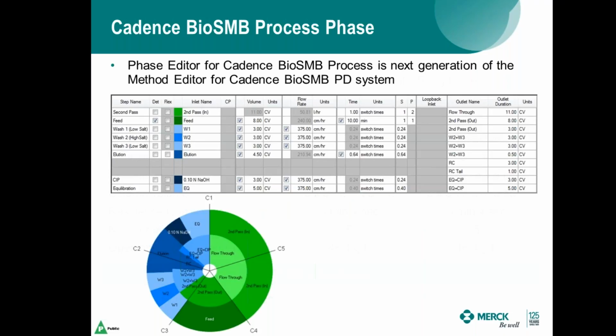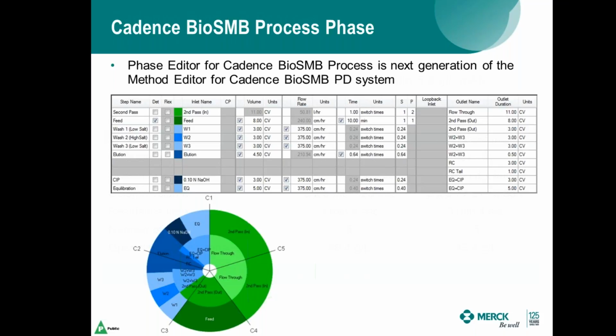Shown here is the method editor and how methods are created for the BioSMB, both at the PD scale and the process scale. I'm happy to say that some of the rounding errors that are present in the current PD scale software have been corrected in the process scale software, but the basic interface is the same between the two systems.